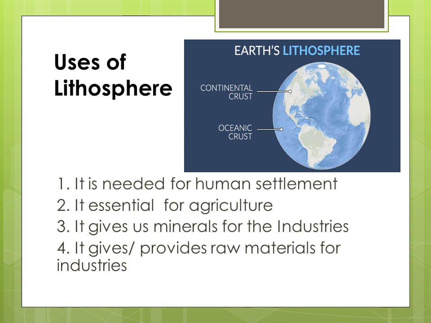Number two, soil is essential for agriculture. Essential means very necessary. Number three, land gives us minerals for the industries. Industries means factories. Minerals means substances or things found in the ground. For example, coal, iron, oil, etc.